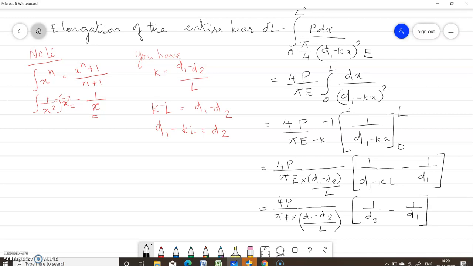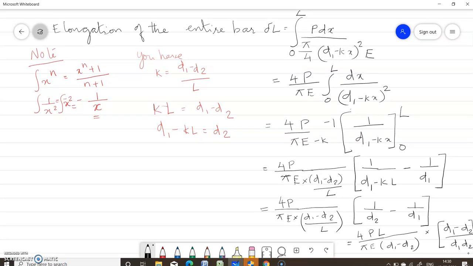Okay. Now on simplifying, this is equal to 4PL by pi E into (d1 minus d2) into (d1 minus d2) divided by d1 d2.